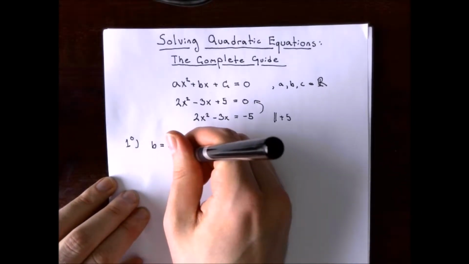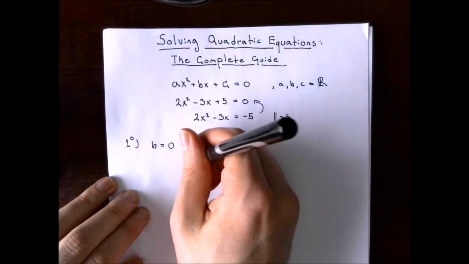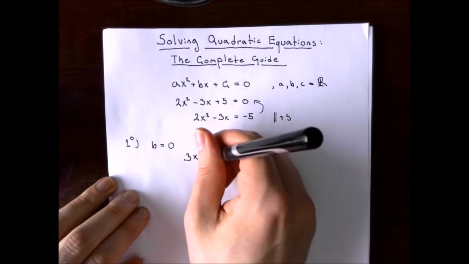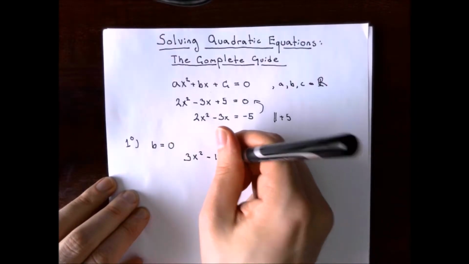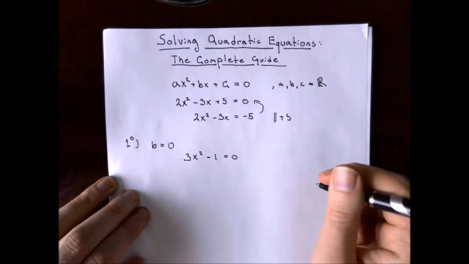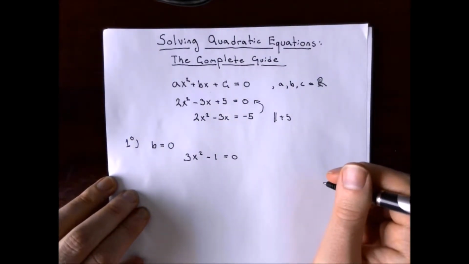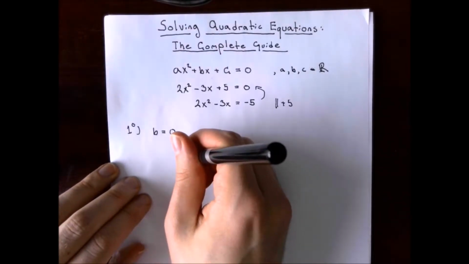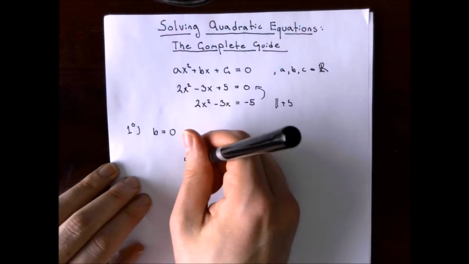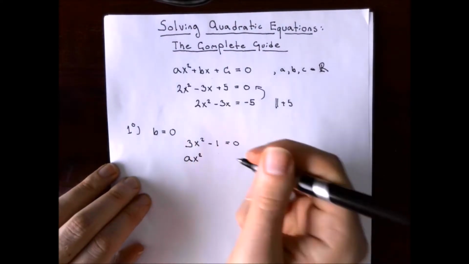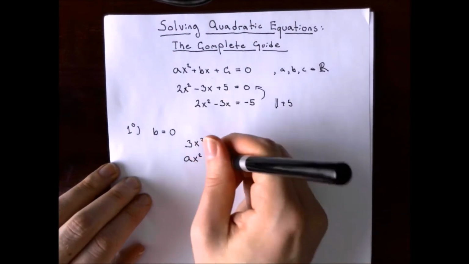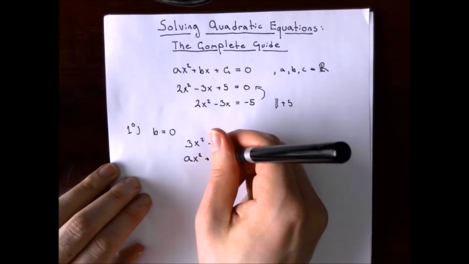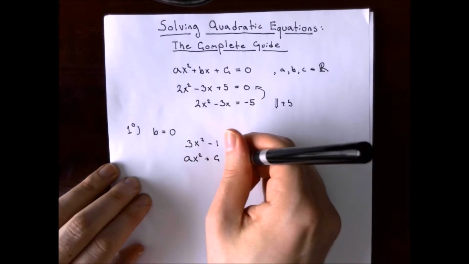An example of this would be 3 times x squared minus 1 is 0. So in general, this equation is of the form a times x squared plus c is 0.